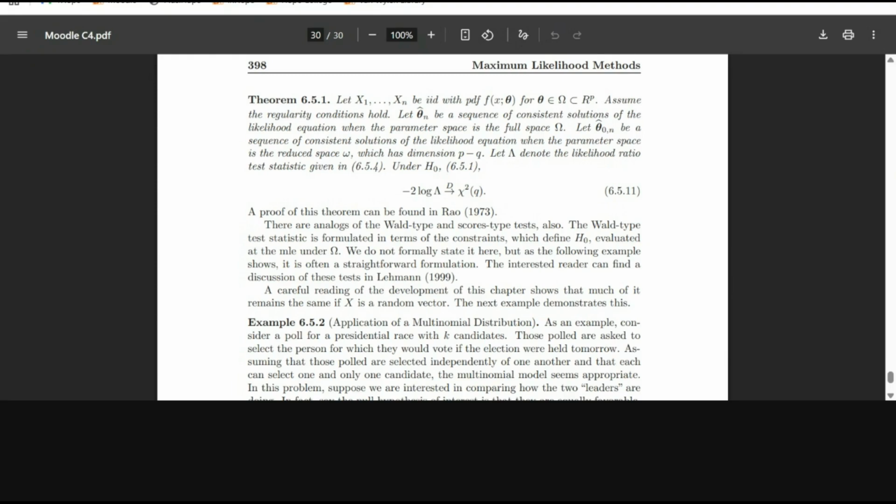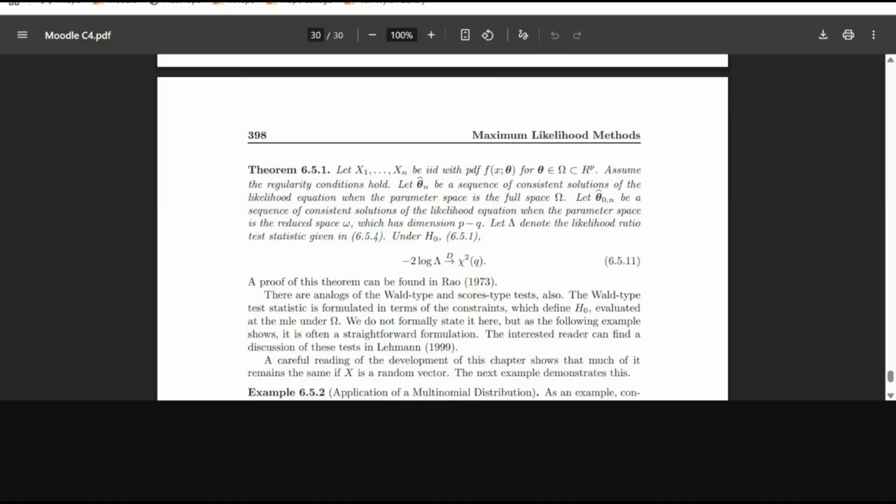What Wilks is saying is fantastic. I know how minus 2 log lambda behaves without having to actually massage very much. It's chi-square Q, approximately. What's Q? Okay. The textbook really goes into quite a detailed explanation.